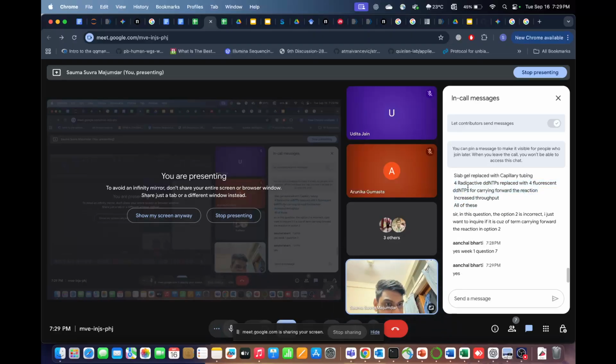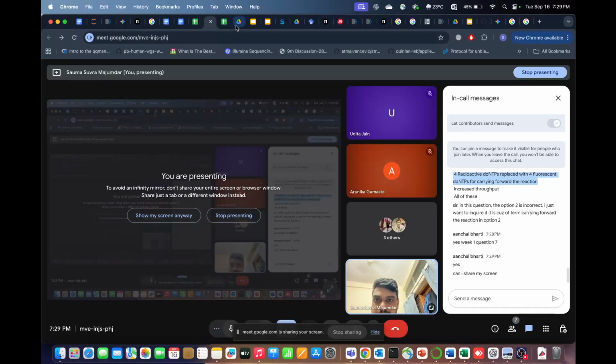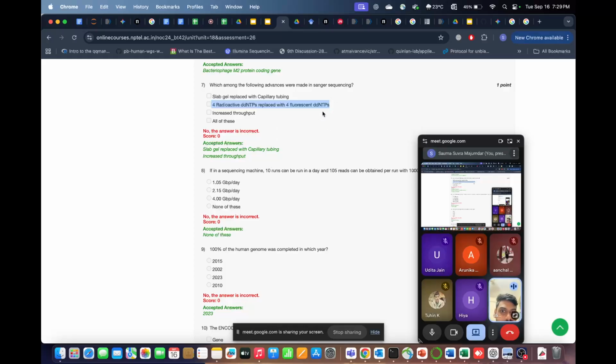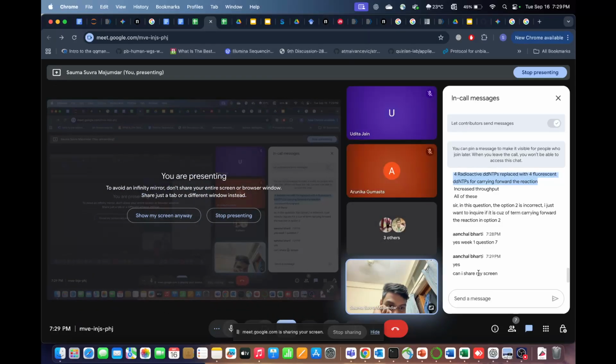Replaced for carrying forward the reaction. The options are slightly different. I don't have carrying forward the reaction. So the thing is, not sure if the carrying forward thing. Yeah, sure, share.